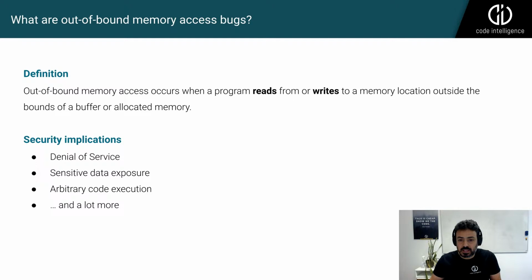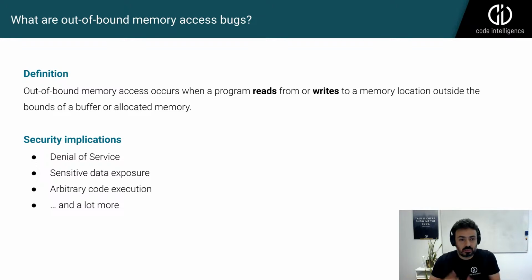But if we take one step back, what are these bugs? Maybe we can show what they do with a very small example. An out-of-bound memory bug is an error that can happen when your program tries to either read from or write to a memory area that's located outside the allocated buffer.